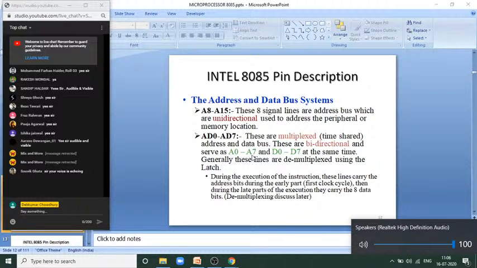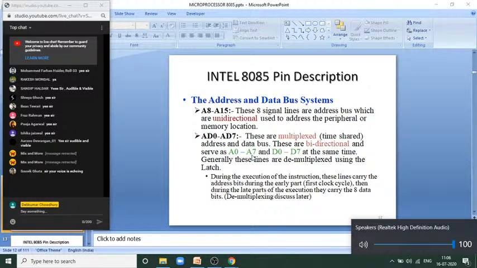That is why the data bus is bidirectional. If we make the address data multiplex bus bidirectional, then only the address can be sent or data can be sent in one way, but data cannot be transmitted the other way.